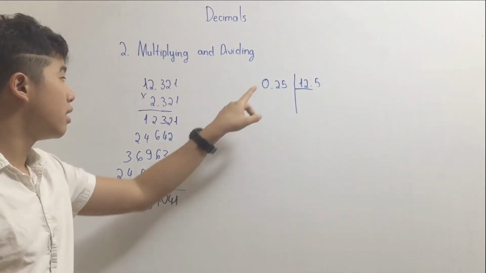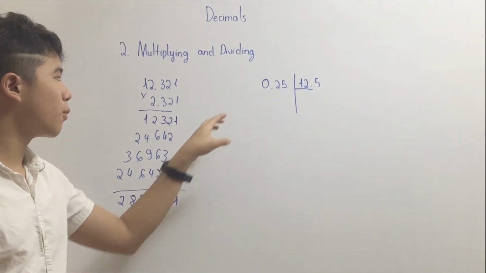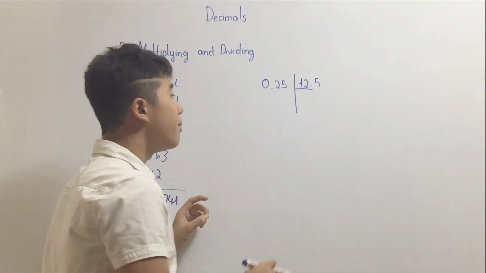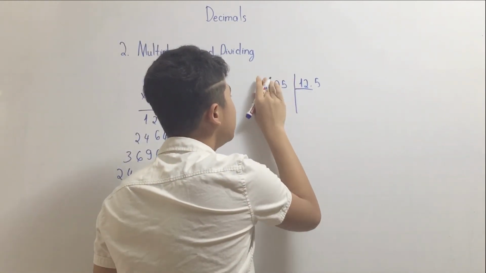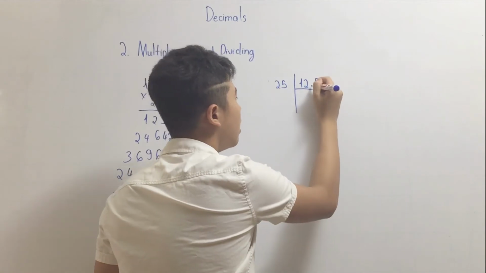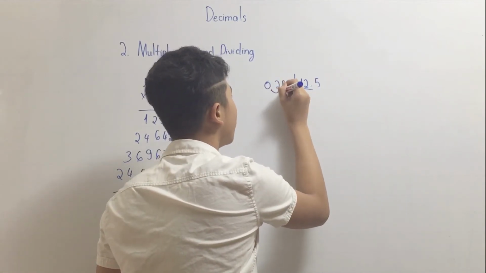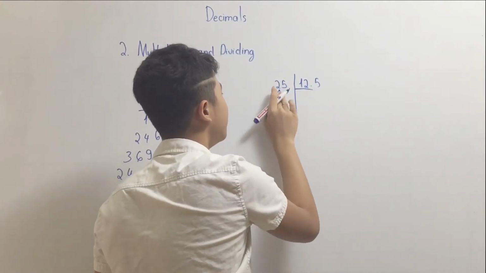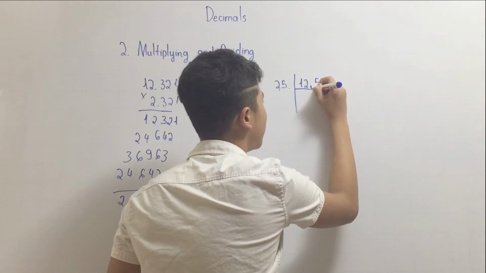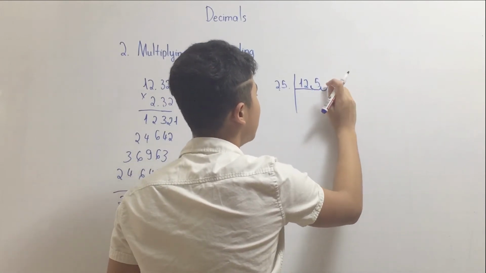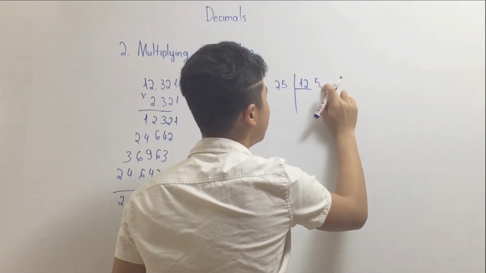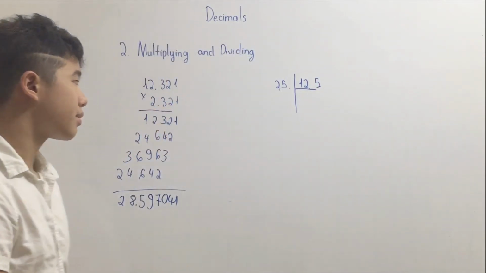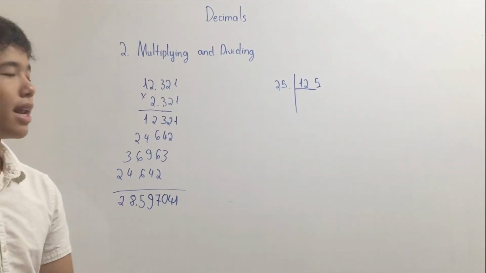In dividing, we do not want the decimal point, so we have to eliminate it. This becomes 25, because we moved the decimal point 2 steps. So we must move the decimal point in the other number 2 steps too, and 12.5 becomes 1250. Then divide them.